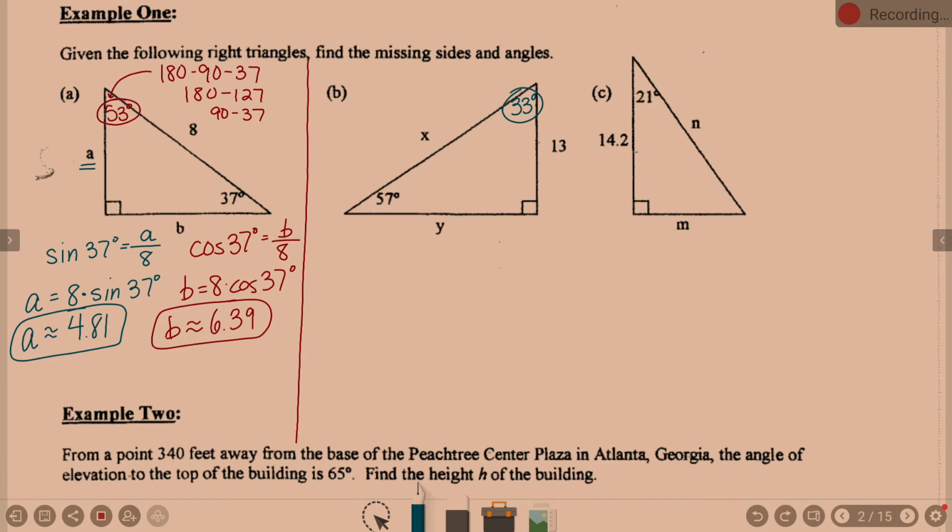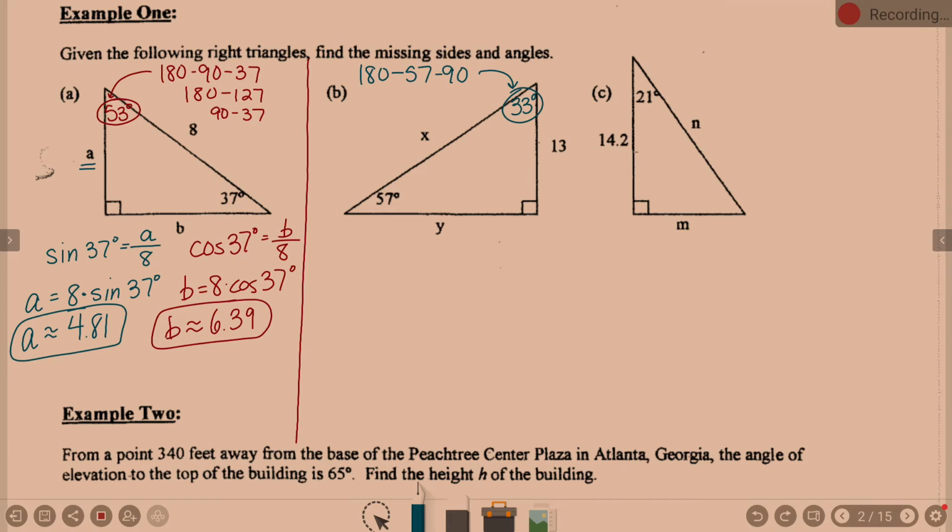That's right. So you have a way, right? 57 plus 33, subtract from 180, or 180 minus 57 minus 90, or 90 minus 57. One combo or another. I'm just going to write 180 minus 57 minus 90 is 33. I don't really care how you find it.